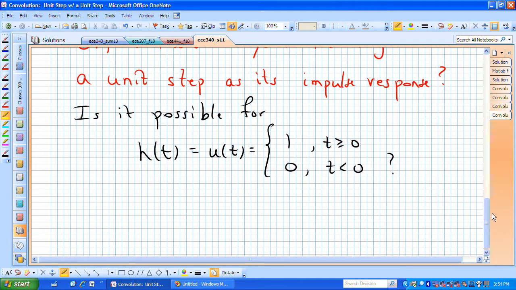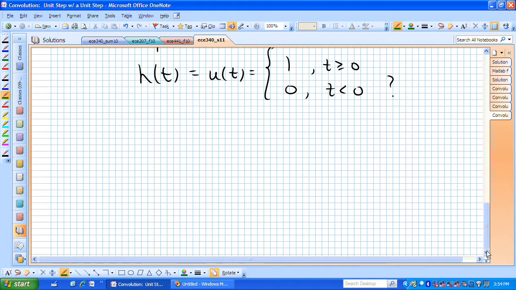Is it possible for the impulse response of a system to actually be 1 for non-negative arguments of the independent variable, and 0 whenever the independent variable is negative? If I didn't have a good answer for that, I probably wouldn't have asked those questions, and we wouldn't have had to address this concept.